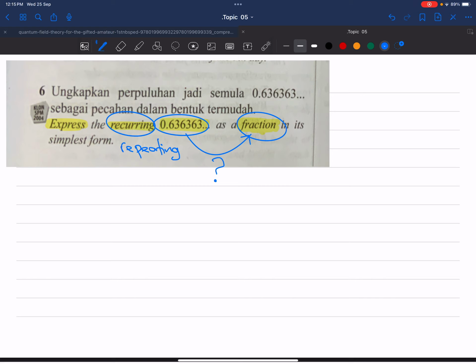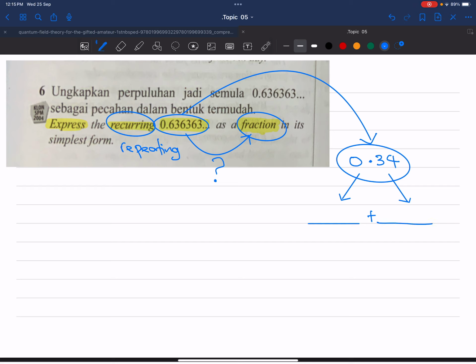Before we do that, let us go to lower secondary and learn something about decimals. If you remember in your lower secondary, for example, I have a decimal 0.34. This decimal we can break up into a sum of two other decimals.